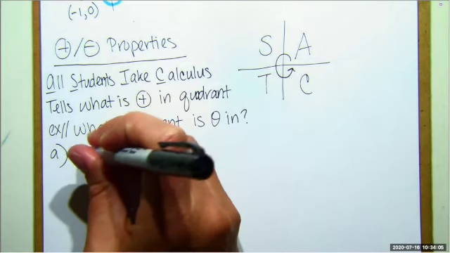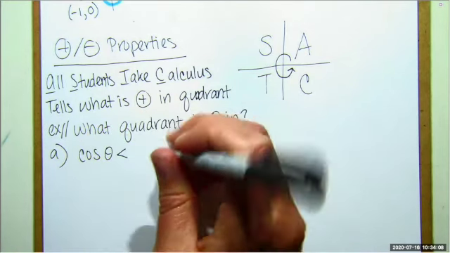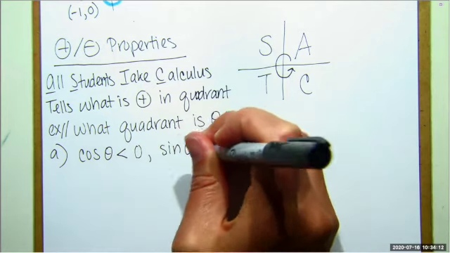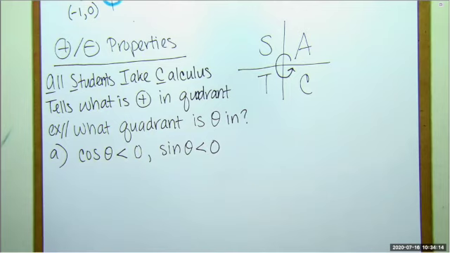First one, I have that cosine is negative and sine is negative. Don't shout it out yet. I want you to think about this for a second and figure out these 2 pieces of information will uniquely determine what quadrant the angle is in. Okay, so we're going to use this later on in the class quite a bit when we're solving equations.